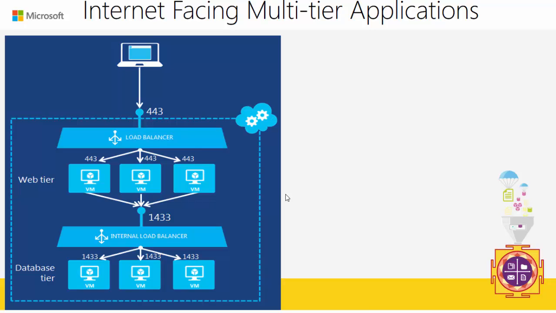He puts in the DNS name, and that is routed to the load balancer. The load balancer is distributing the requests to the different virtual machines, but at the back end, this web tier is also accessing a database tier. What happens is multiple requests are being sent by this web tier.